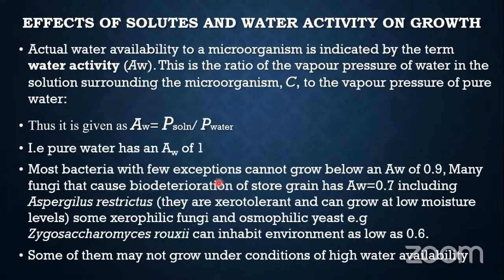So this shows the formula for calculating water activity. Water activity in microorganisms is indicated by the term AW, and it's the ratio of water vapor pressure in the solution surrounding the organism to the water vapor pressure of pure water, which is calculated in this form: AW, which is water activity, over the water vapor of the pure water.